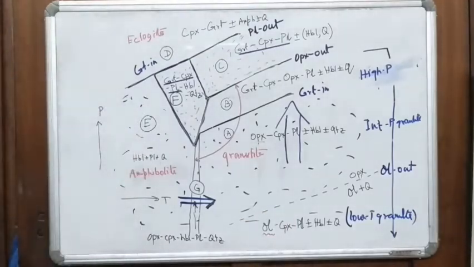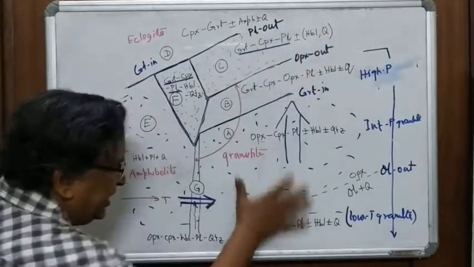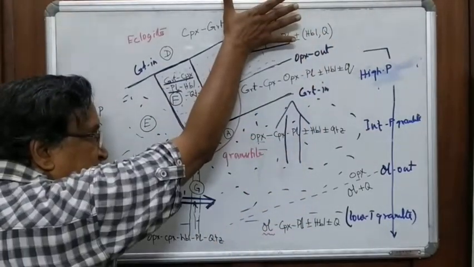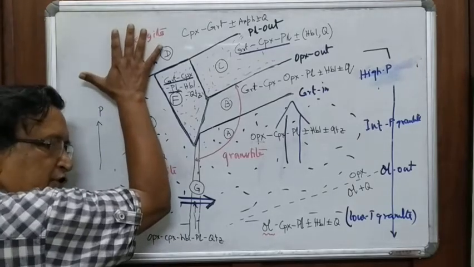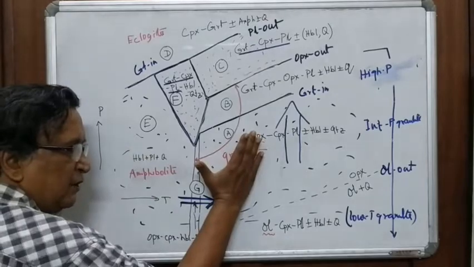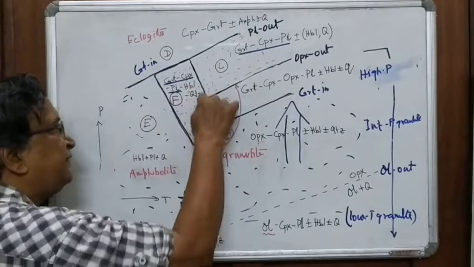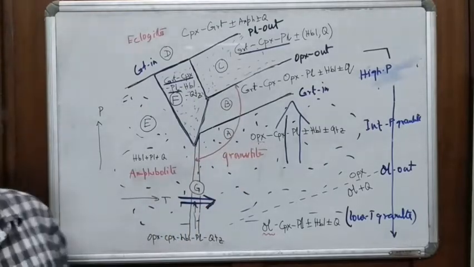So remember, there are several things to be remembered. On the right hand side, you have granulite eclogite transition. On the left hand side, you have amphibolite eclogite transition. In between, you have amphibolite to granulite transition, except of this part where there is no granulite facies rock.